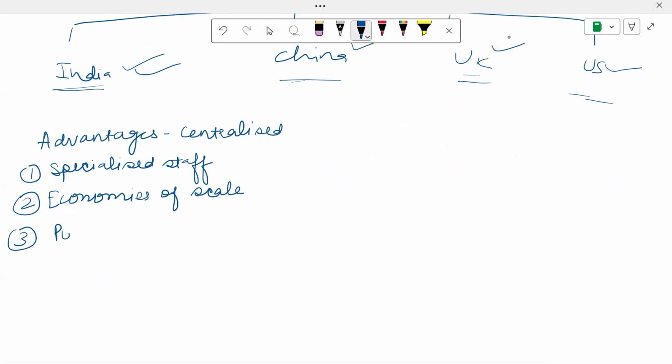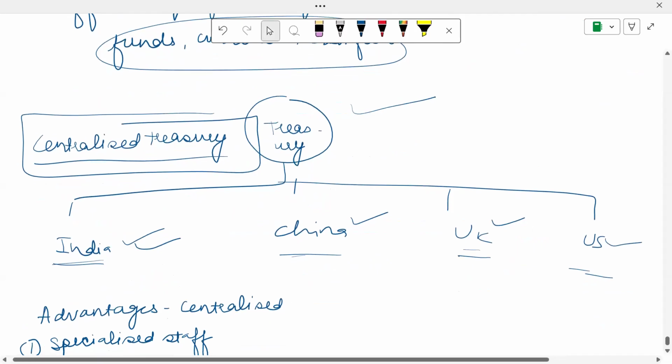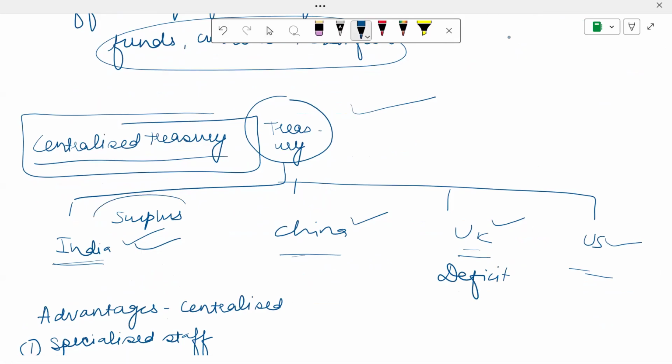Another advantage over here is pooling. Because we have a centralized treasury, let's suppose India is having a surplus. My branch in UK has a deficit. The surplus which I have in my branch in India can be used to fund the deficit that I have in UK. Otherwise, if they were all managing their own treasuries, UK would probably have to borrow money and pay interest on that.